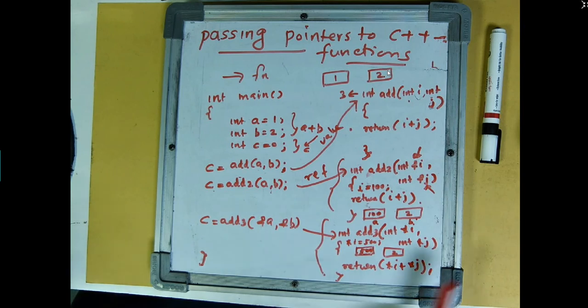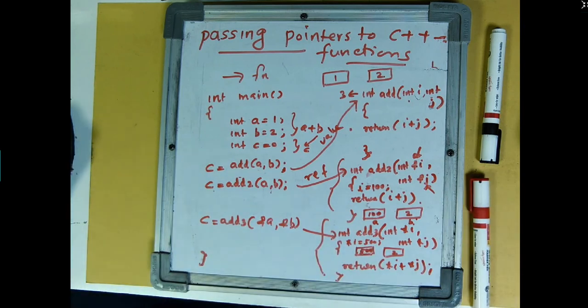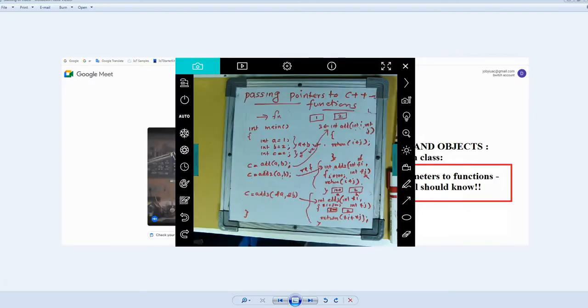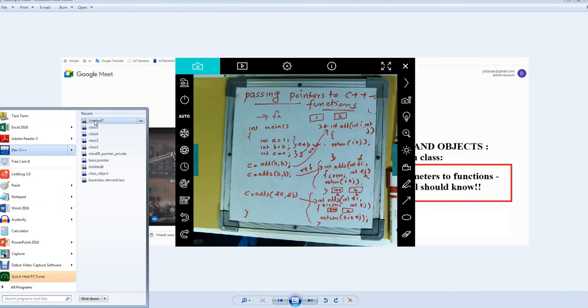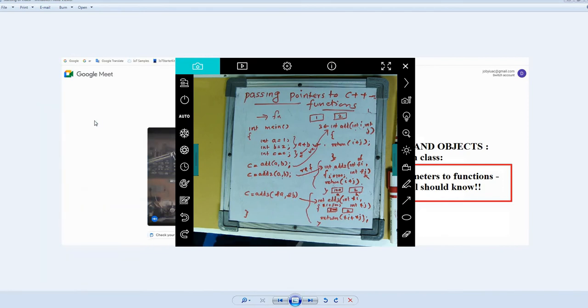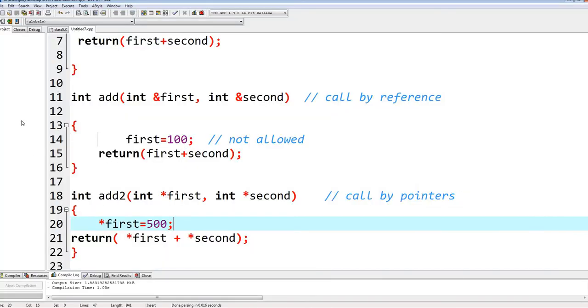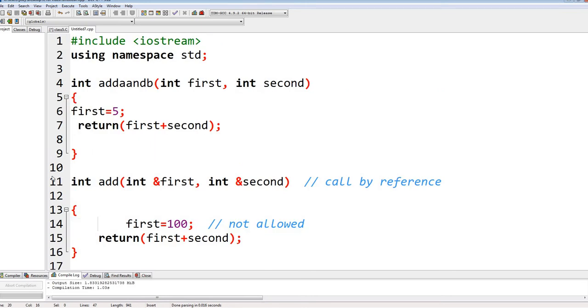So now let us see practically how this is done in a C++ compiler. I go and open the compiler, and you know it is Borland Dev C++ which is available free for you. So I have opened that. Now let us see how this program can be demonstrated to you.